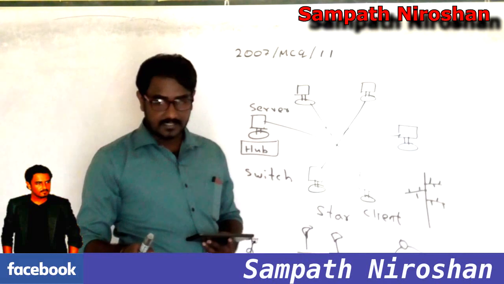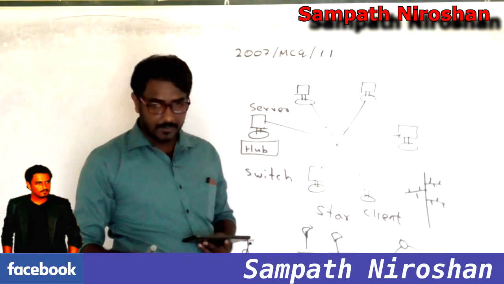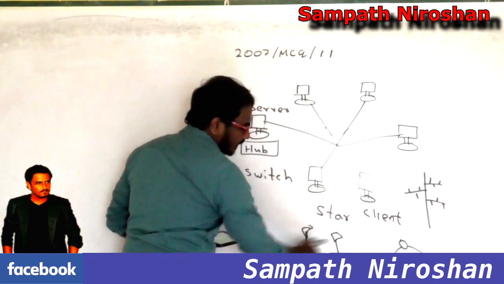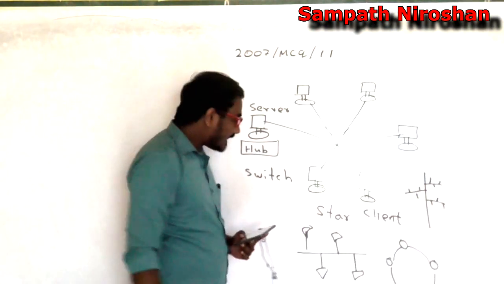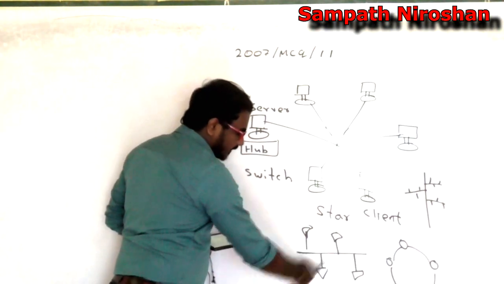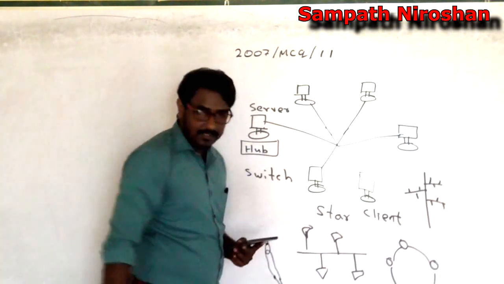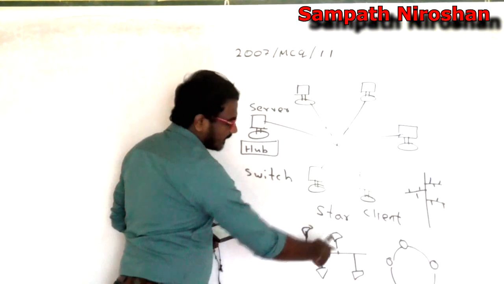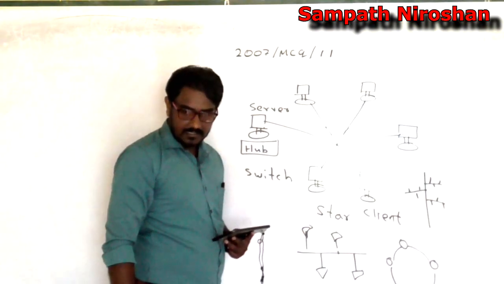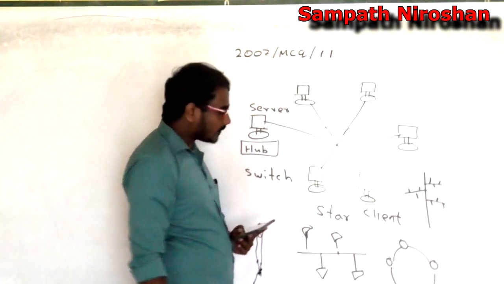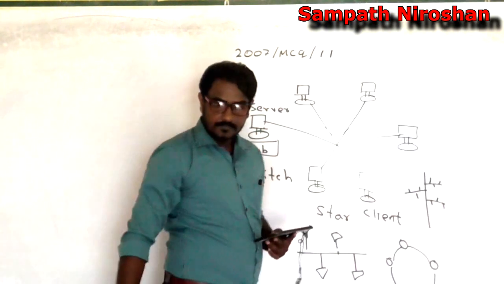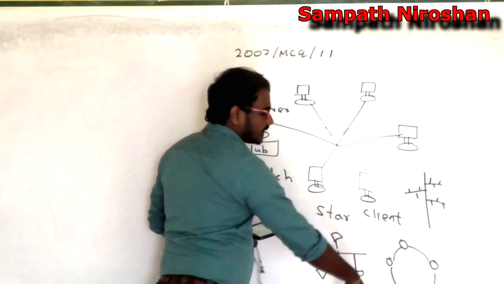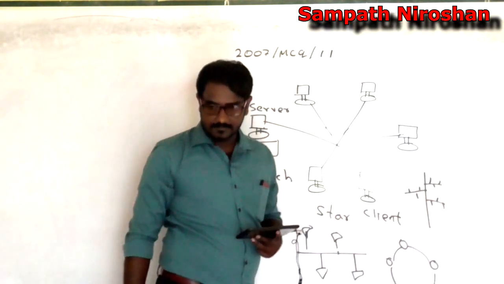Now, what are the advantages and disadvantages? That's also important. In a bus, all are connecting into a common medium, so if one computer turns off, the entire network still works. But you still don't have much control over the entire network. If you are talking about a ring, if one node is gone, if one computer is gone, the entire network fails.